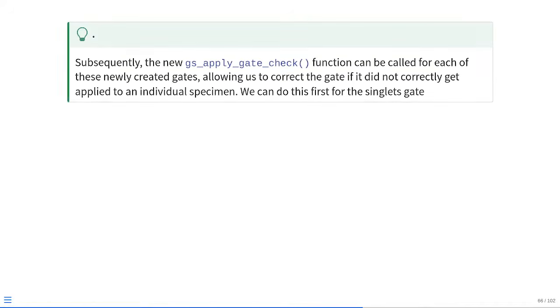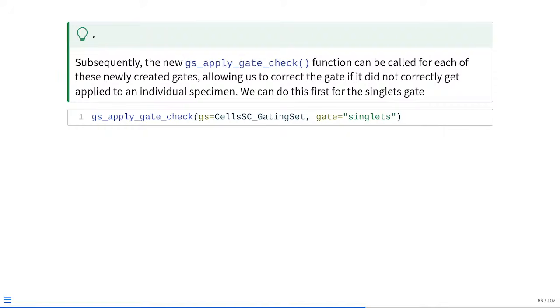So each of these gates that we drew on the basis of this individual will now be applied across the board for all the specimens within our gating set. And then at that point, we just need to run gs_apply_gate_check on each individual gate for that gating set, iterate through all the different specimens, apply any corrections that need to be applied, and save those individually so we don't have to worry about them in the future.